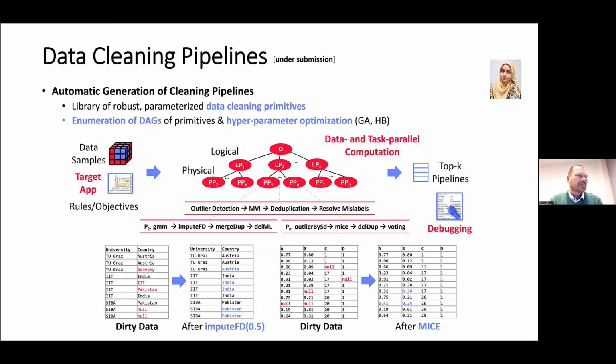And what differentiates this framework is that we are automatically compiling this into data and task parallel computation. So if you have relatively small data, we run a lot of pipelines concurrently. If you have large data, we automatically compile large distributed data-parallel computation plans for them as well. So that's the data cleaning pipelines.